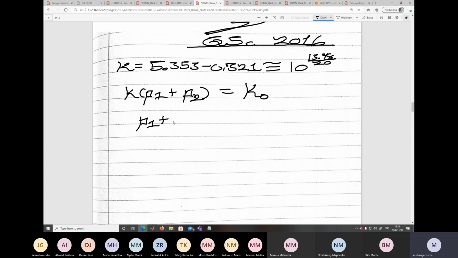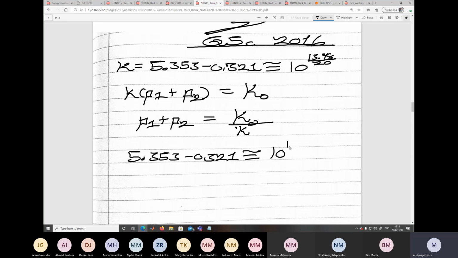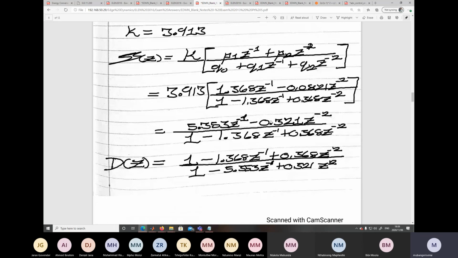So P1, P2 must equal K naught over small k. So 5.353 minus 0.321 must be approximately equal to 13.98 over, what did we say this was? 3.913.